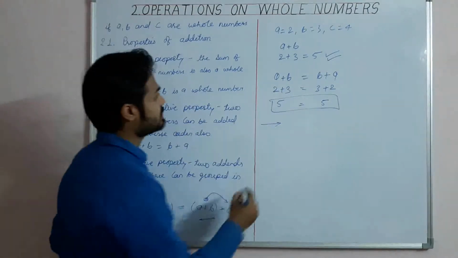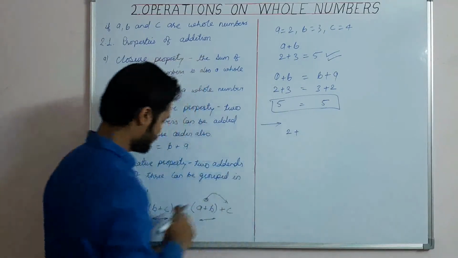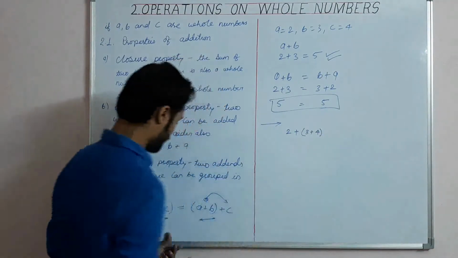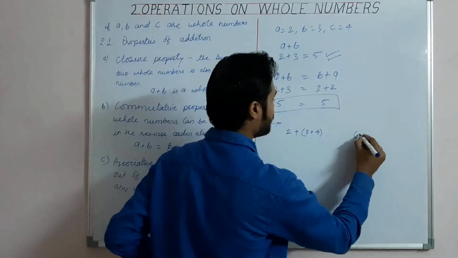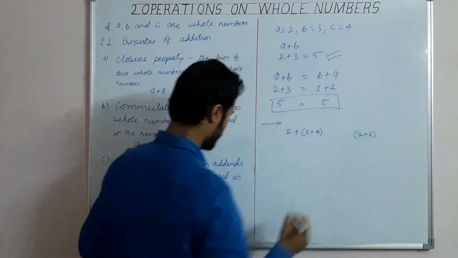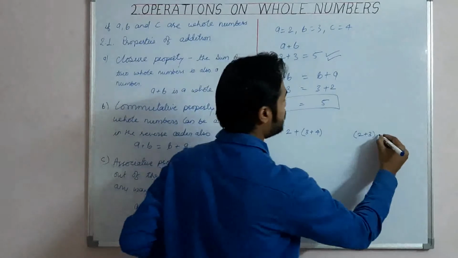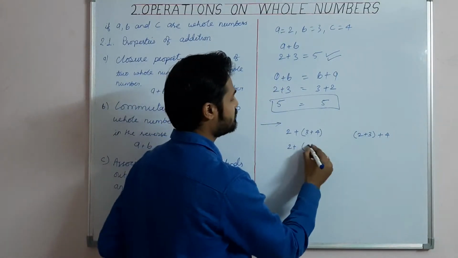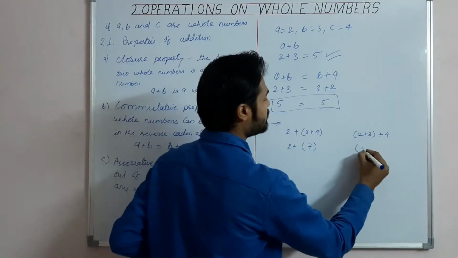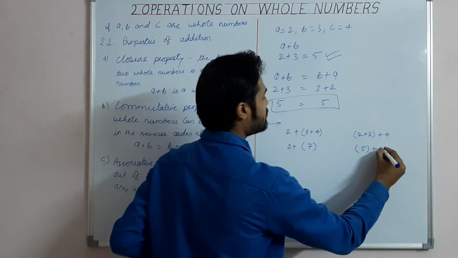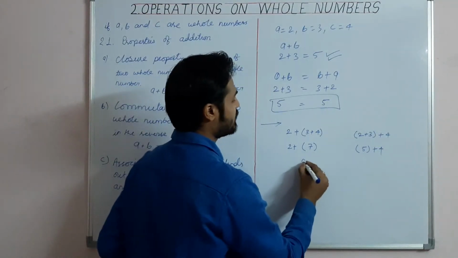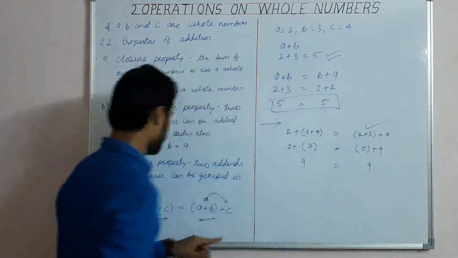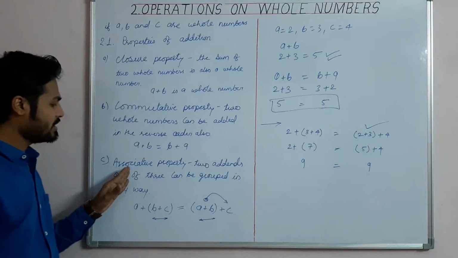A plus B plus C: 2 plus, inside the bracket, 3 plus 4, and here A plus B, which means 2 plus 3, plus C, where the value of C is 4. In the next step, 2 plus 7 is 9, and here 2 plus 3 is 5, plus 4, so 5 plus 4 is also 9. So we can conclude that addition is associative also.